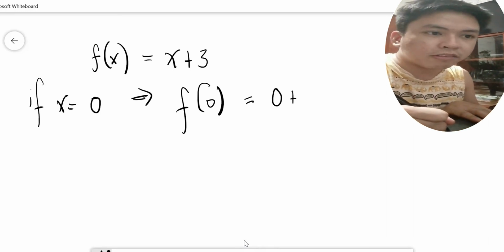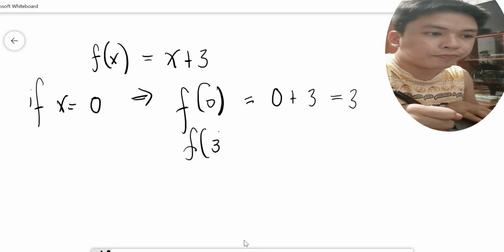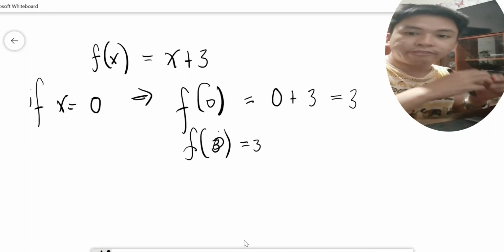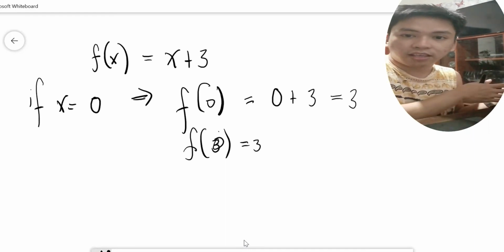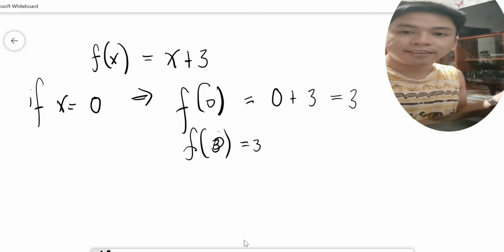So 0 plus 3, so I get 3. Therefore, the value of the function at 0 is 3. Meaning to say that when we plug a value into the function, it becomes a constant, no longer an equation. That's it.